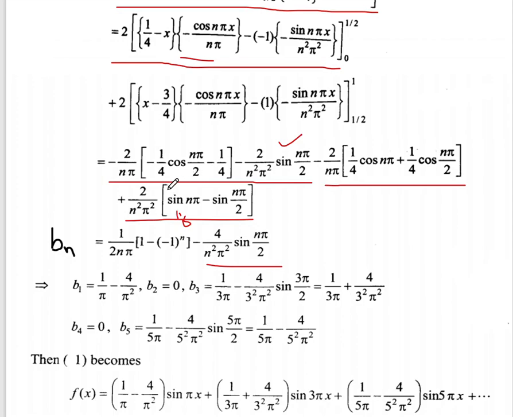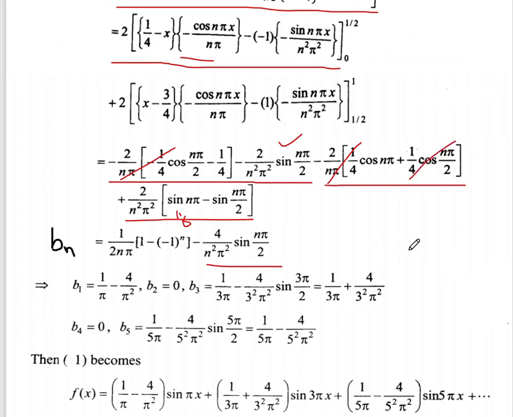Now if you observe this term, if you multiply it by this term, the 2 gets cancelled, so plus 1 upon 2 n pi cos n pi by 2, 2 n pi by 2. And this term and this term will get cancelled.